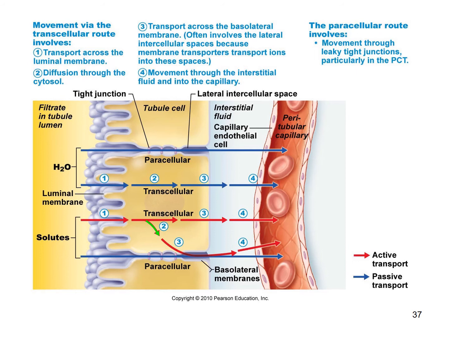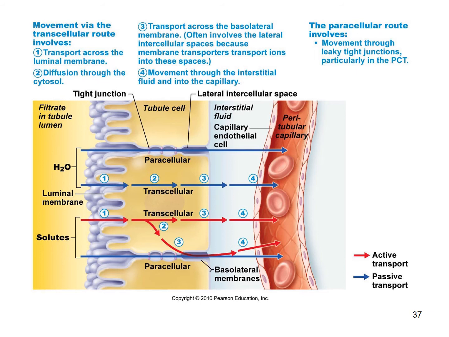The third thing that happens is transport across the basolateral membrane, which you'll see here. And the fourth thing is movement through the interstitial fluid and into the capillaries. So this is how H2O and solutes use the transcellular route.